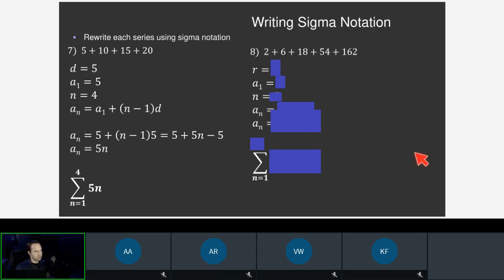You have to look at the sequence, 2, 6, 18, 54, 162, and you say, well, 2 plus 4 is 6, but 6 plus 4 is not 18, so it can't be arithmetic. And then you say, okay, well, 6 divided by 2 is 3. 18 divided by 6 is 3. 54 divided by 18 is 3. Hey, it's geometric. You have to do those tests.